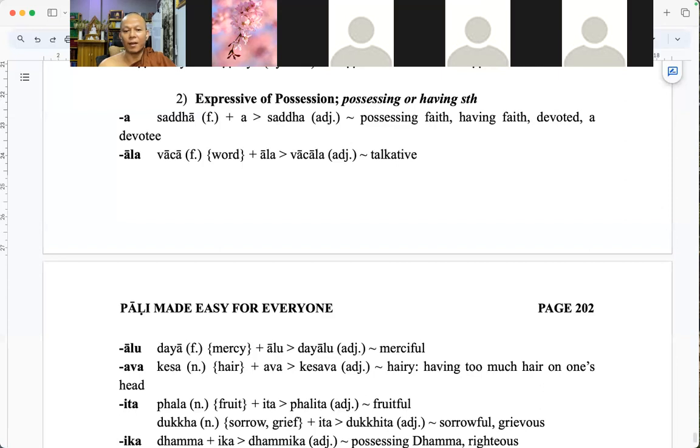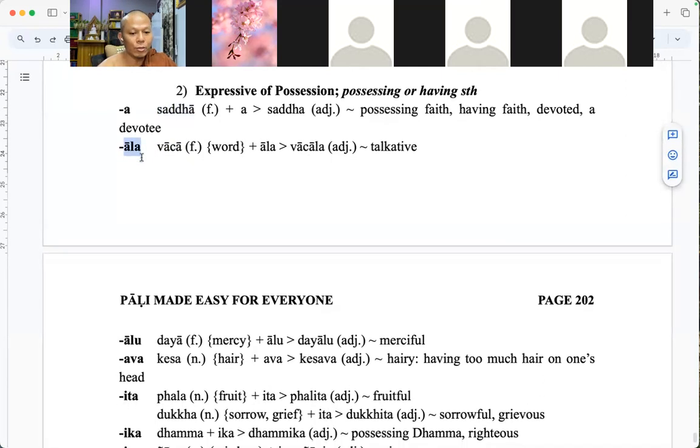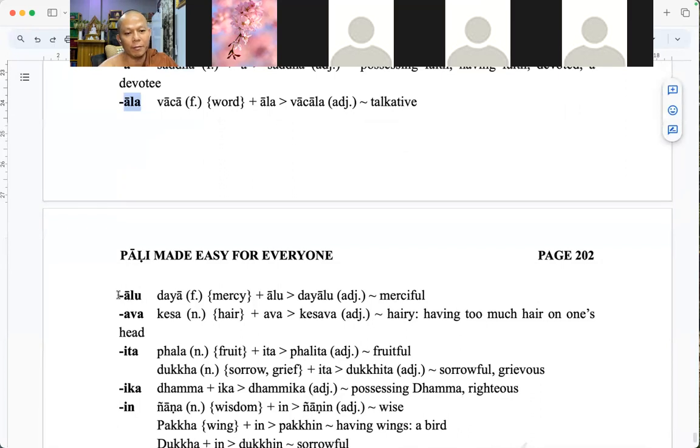There is no specific rule there. Saddam here ends in R, but the R is dropped, and Waja also ends in R, but the A is kept. So there is no specific rule.